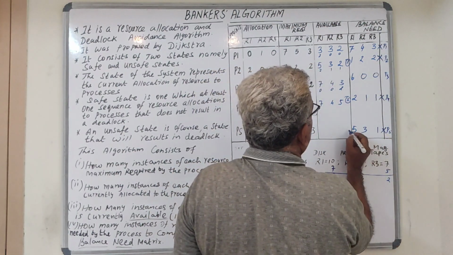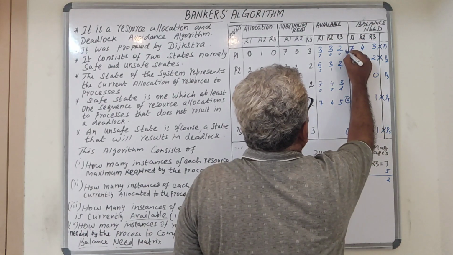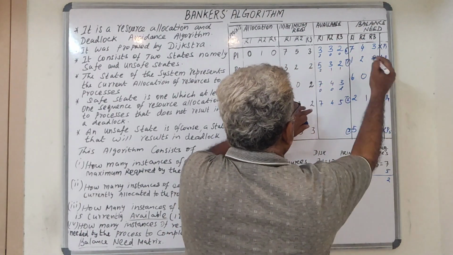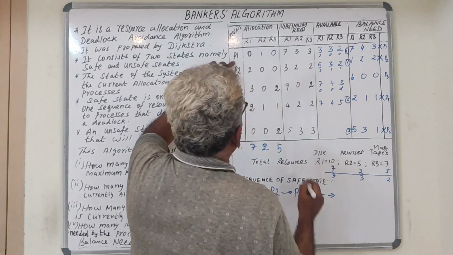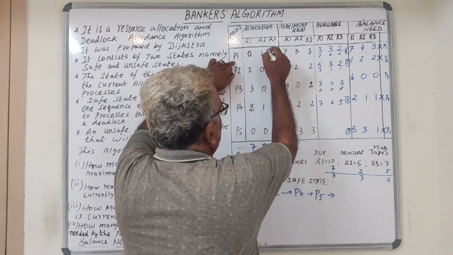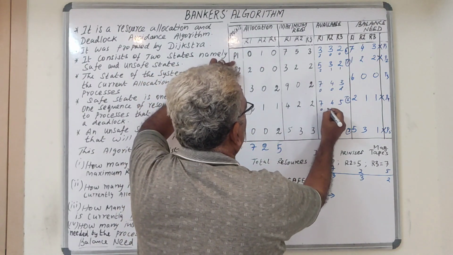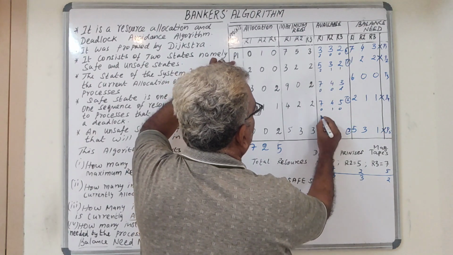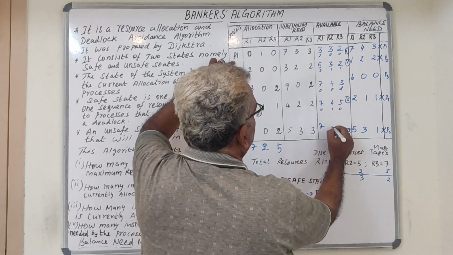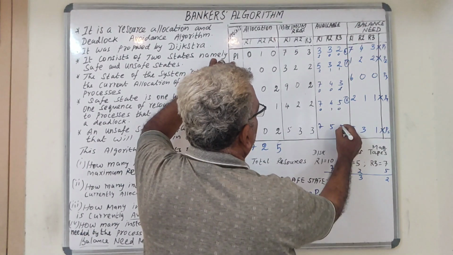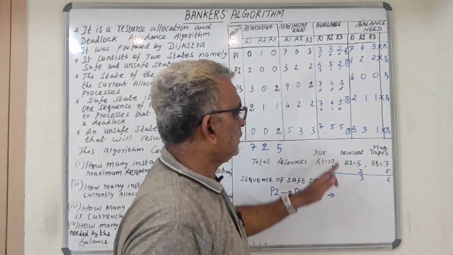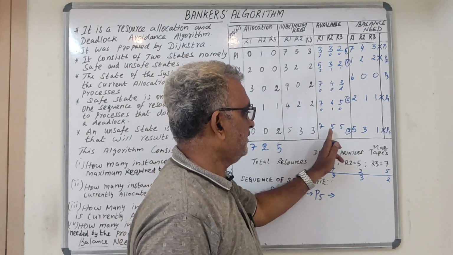Okay. After completion of process 1, just add those values here: 0, 1, 0. So now we get 7, 5, 5. Now available resources are 7, 5, 5.